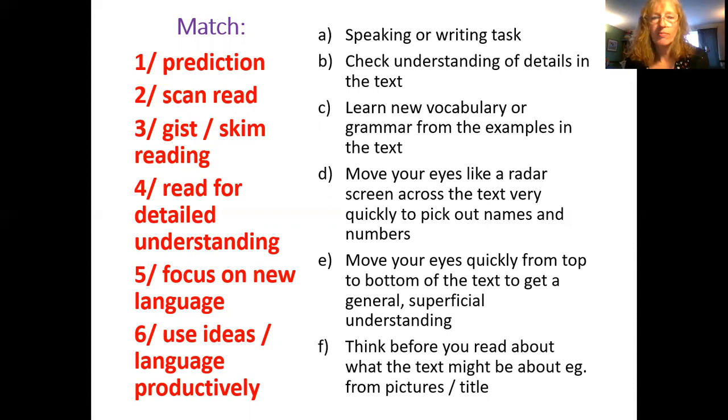Number 4 is B. So you're reading in a lot more detail to understand it all. 5 is C. You can focus on the tenses or the vocabulary or find a word that means something. And number 6 is A, speaking or writing afterwards. So all the information goes in, you process it, and then you produce in speaking or writing afterwards.